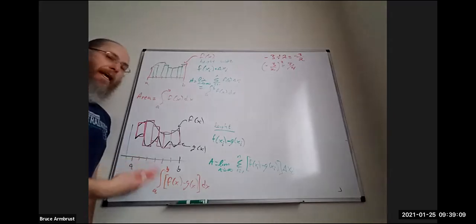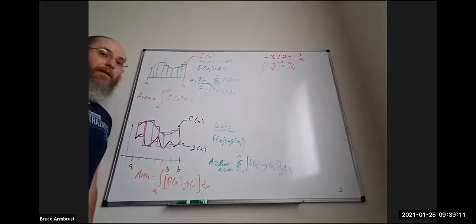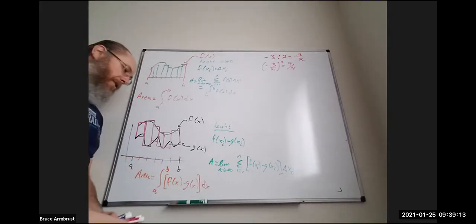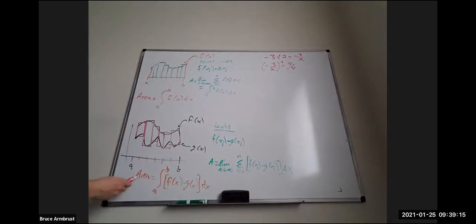And that's going to give you the area between the curves. All right, so go ahead and box this, the area between curves, because this is the one we're going to use. We're going to use this a lot.